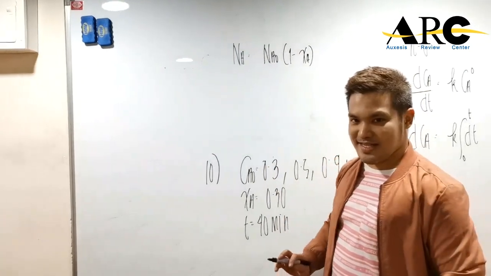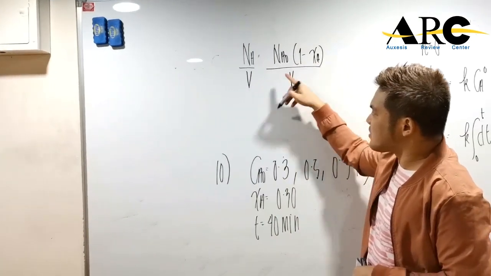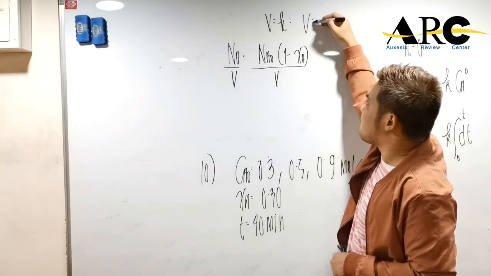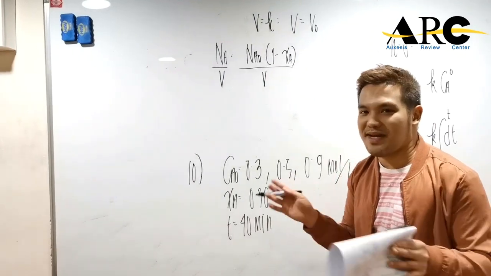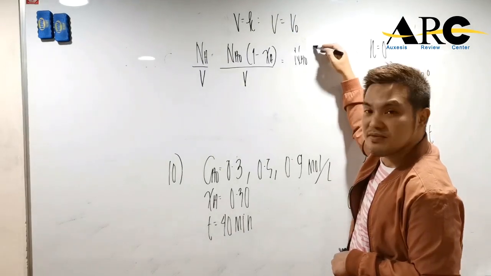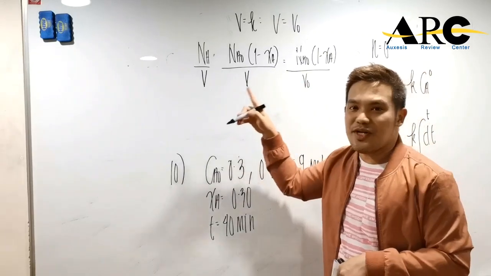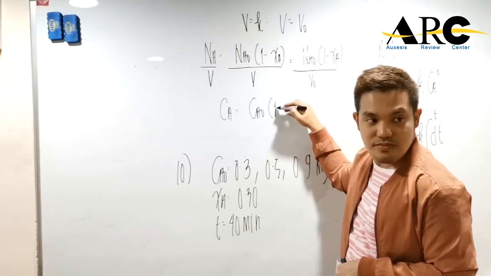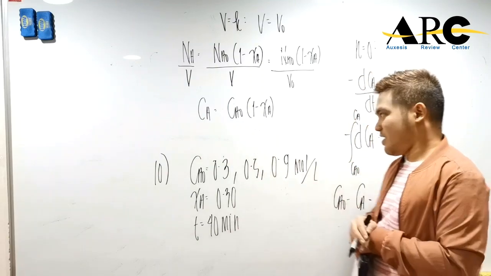Once na dinivide natin yan ng V, kapag constant volume, V equals V0. Puro constant volume yung isi-solve natin. Mamaya variable volume naman. So we have NA0 times 1 minus XA over V0. Ito na yung relationship ng CA kay CA0. Si CA0, i-multiply lang natin ng 1 minus XA.